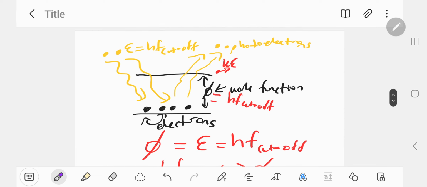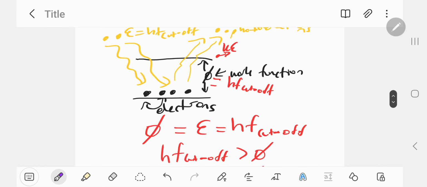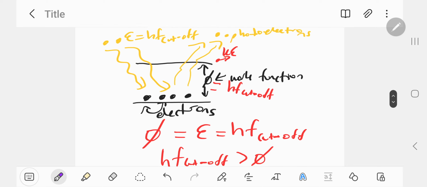And each metal has a characteristic work function, a specific property, a minimum amount of energy you need to release photoelectrons. If you shine light with a cutoff frequency that equates to the work function, you get photoelectrons ejected.